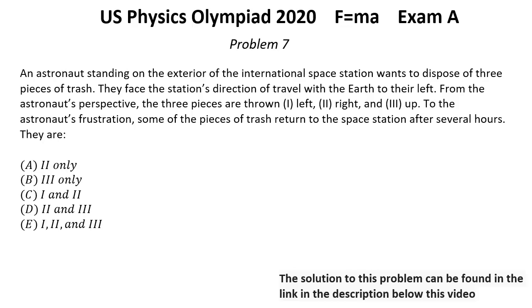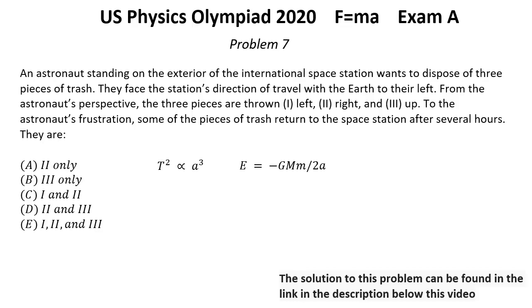Solution for problem number 7. By Kepler's third law, we have T squared proportional to a cubed, where T is the period of the orbit and a is the semi-major axis. And also we have total energy E equals negative G M m divided by 2a.